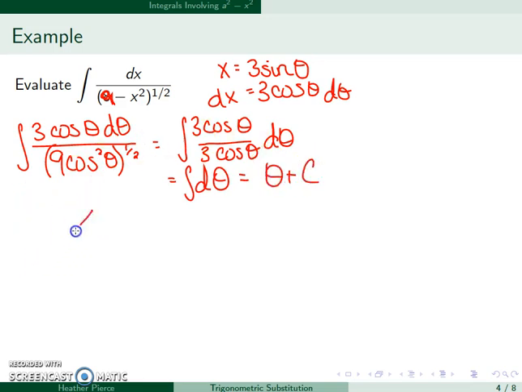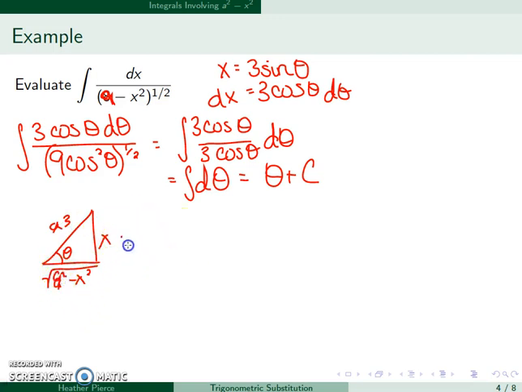However, I do need to move back in terms of x. So I'm going to think about my triangle. Here's my angle theta. This is x, a, and the square root of a squared minus x squared. Well, I know that a in this case is 3.